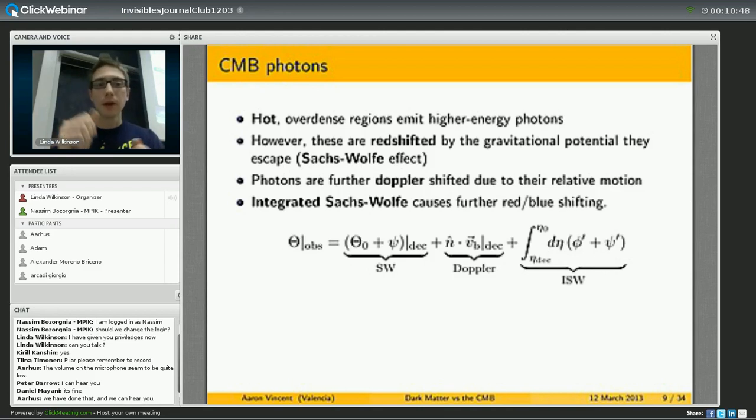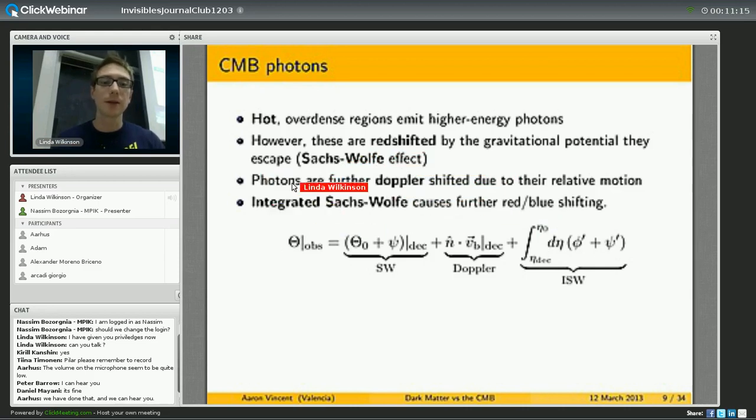They're actually redshifted more than the temperature fluctuation would have given you in terms of a redshift or a blue shift. So this is called the Sachs-Wolfe effect. Furthermore, there's the relative motion of this oscillating fluid, which redshifts or blue shifts the photons. This is just the Doppler effect.